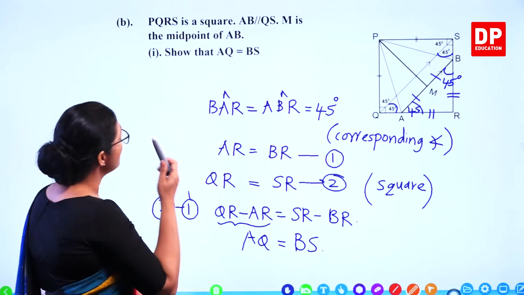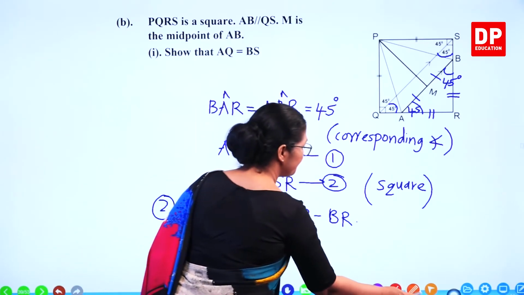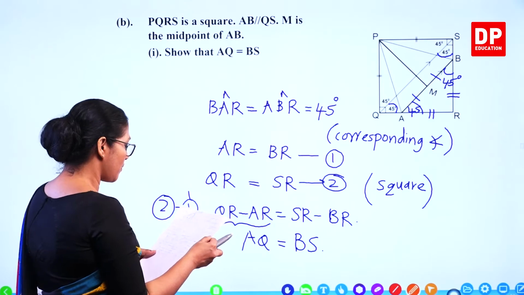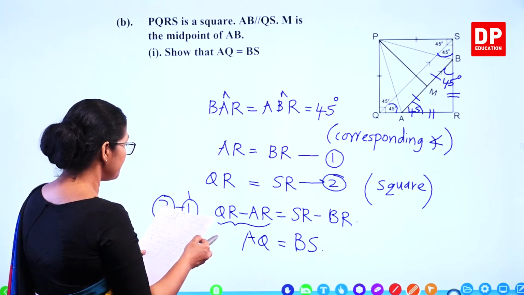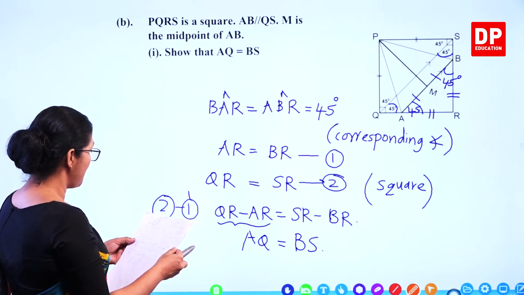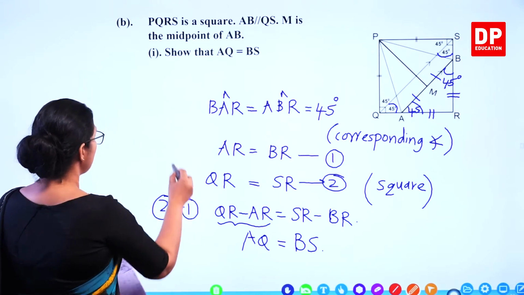So we can show easily that AQ is equal to BS. How many marks for that? This is the B part, 3 marks.